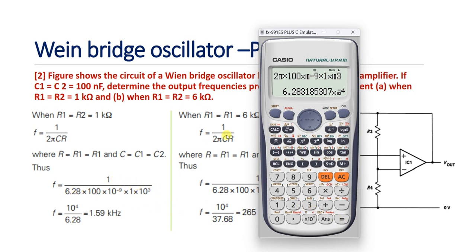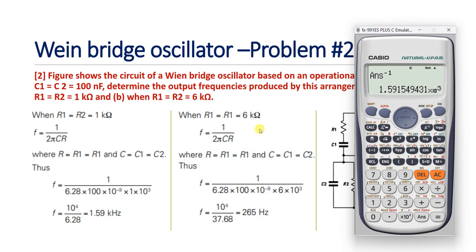So you have to take the reciprocal of the answer or 1 divided by answer. So answer inverse is 1591 hertz. Here it is expressed as kilohertz. So you can click the ENG button. If you want to do milli, you click the ENG button, or you can click Shift ENG button. If I click the ENG button, it will show 10 power 0, 10 power minus 3 and so on. If you go reverse, with Shift ENG, once it becomes 10 power 3, stop: 1.59 kilohertz.